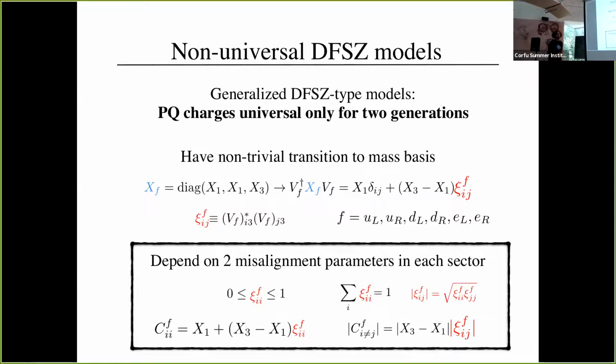There's one more question by Philip. Question from an experimentalist. You refer to these cooling anomalies for supernova and neutron star. Okay, I don't know this result.